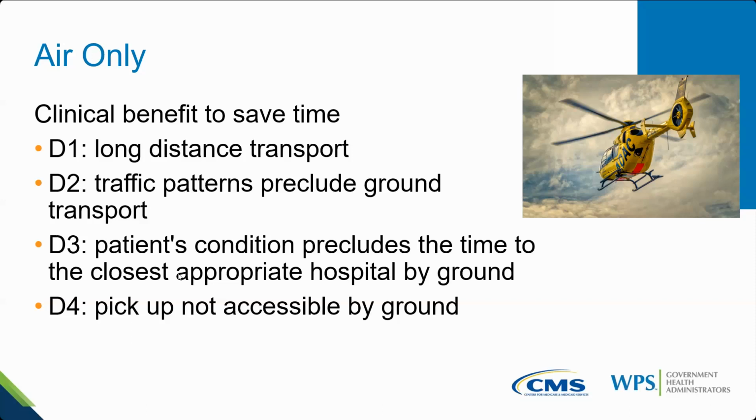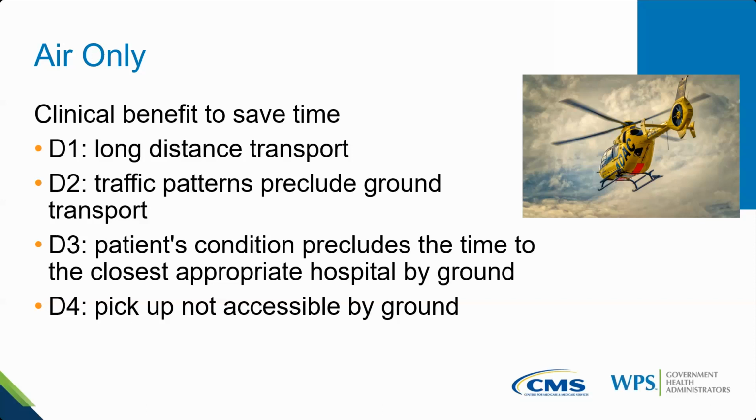Patient's condition precludes the time to the closest appropriate hospital by ground. This one is used to say the patient themselves, not that the ground wouldn't be faster, but that the time they're in that rig, that actual transport, is what precludes the use of ground. What we're looking at here is why you should put them into a fixed or a rotary wing when we could have transported them, but their condition is so severe that you can't treat them that way, and it's unsafe to actually treat them that way.